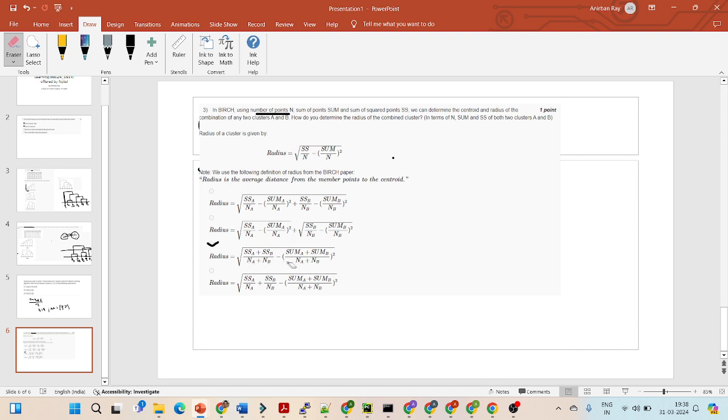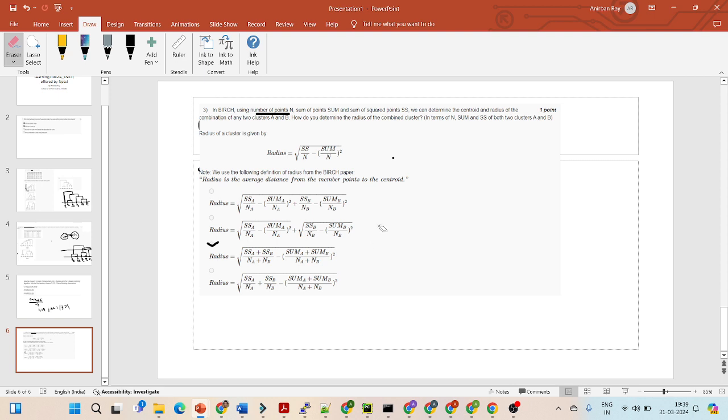And in this case the sum is also like that: the sum of A's points plus the sum of B's points is the sum of all the points, then divided by na plus nb, the total number of points. The formula remains the same overall, you just have to manipulate it according to the data points.